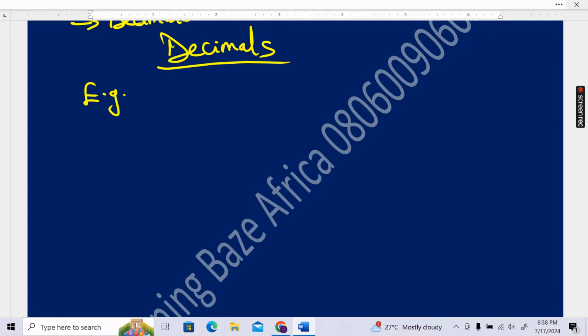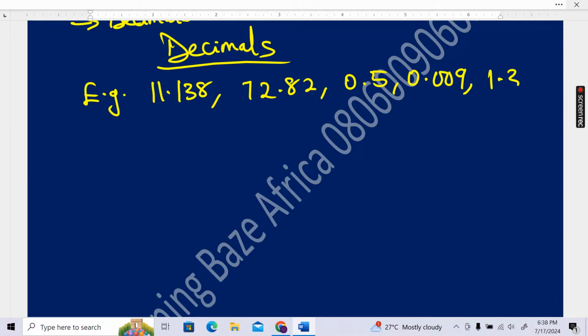Examples of decimals are 11.138, 72.82, 0.5, 0.009, 1.32, and so on. So these are examples of decimal numbers.